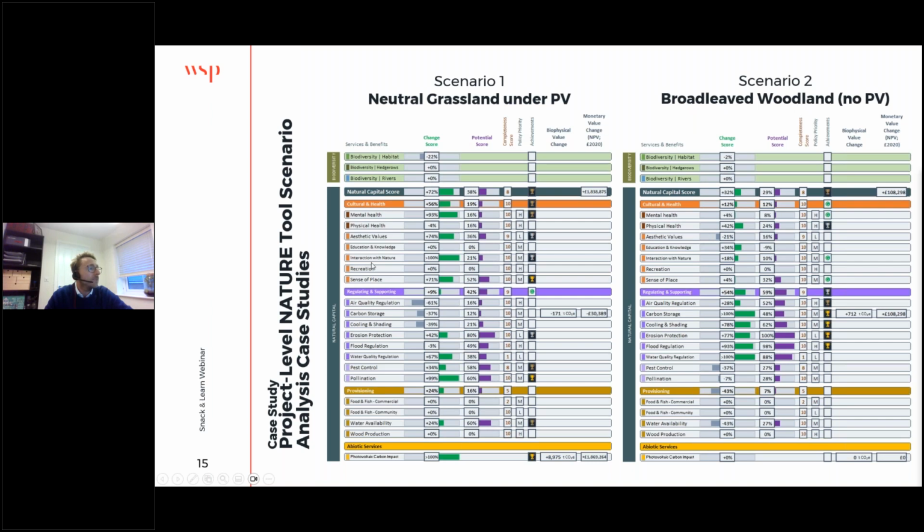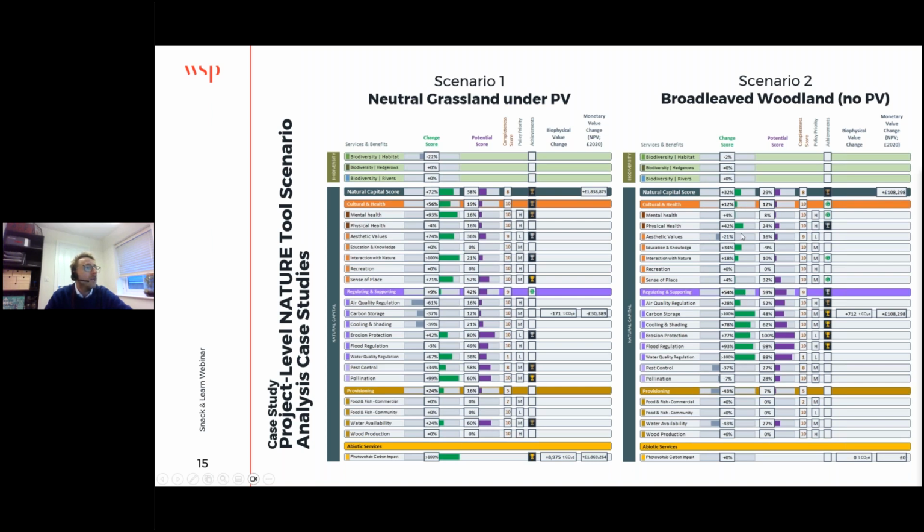When we compare the results and look especially at carbon impacts, we see that for the photovoltaic scenario A, carbon storage in vegetation and soils would be reduced by 37% with this option. For the woodland creation option, we of course don't have the photovoltaic, so that's 0, but the carbon storage increases, and many of the other ecosystem services, especially regulating ecosystem services, increase quite significantly.